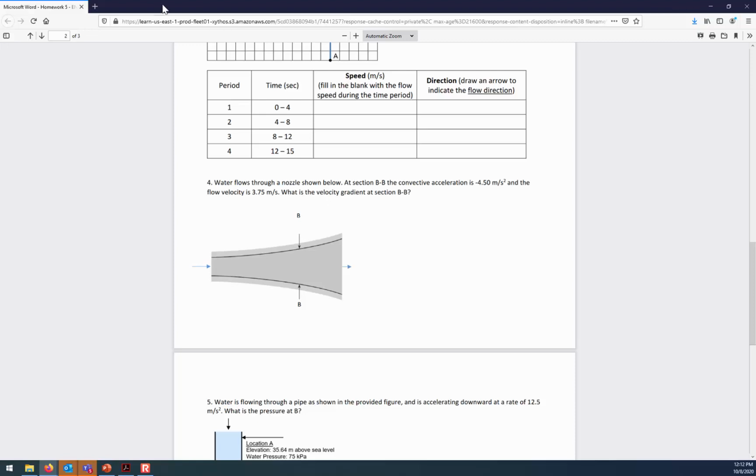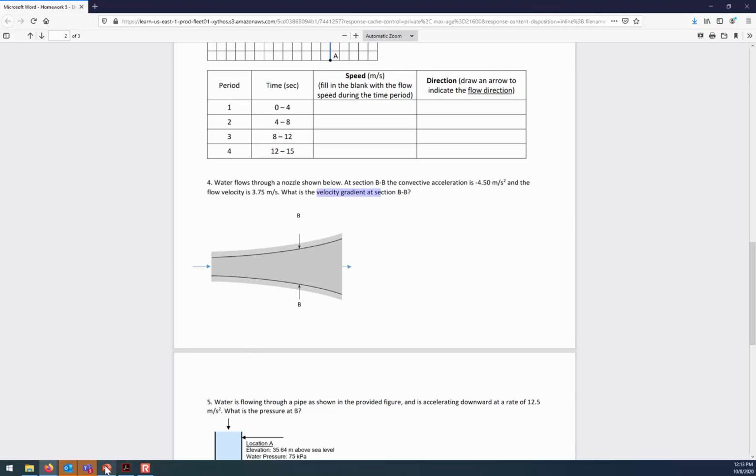All right, so problem 4 is one where you are determining the effect of convective acceleration. Here I tell you what the convective acceleration is, and I tell you the velocity at a certain location, and you have to solve for the velocity gradient.